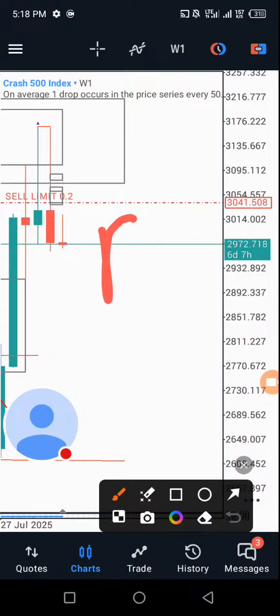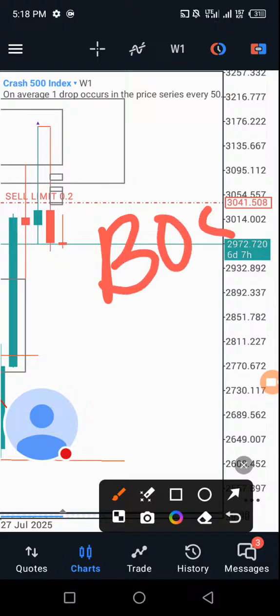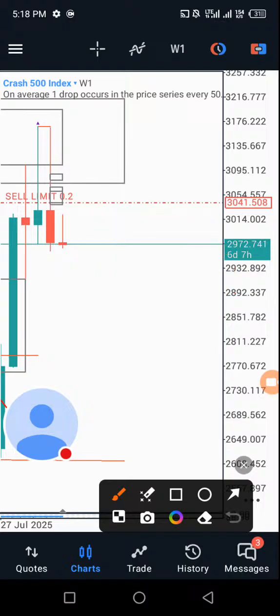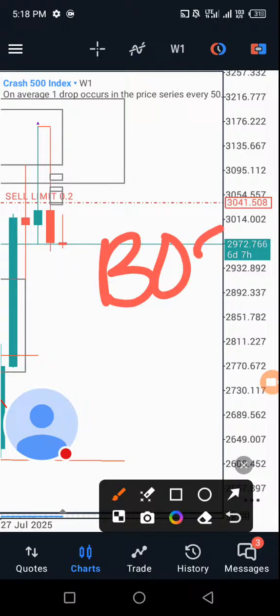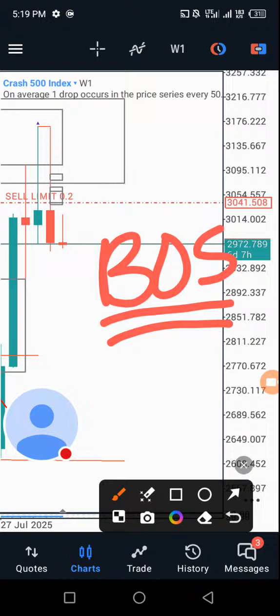If you don't know where the market is going, you should not be in any trade. Do not trade any market that you don't know where it is going. So your break of structure is one of those very important things that will help us determine the direction of the market.